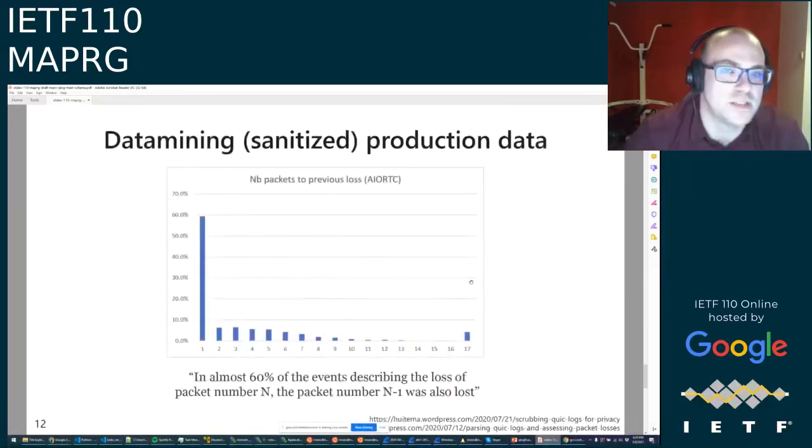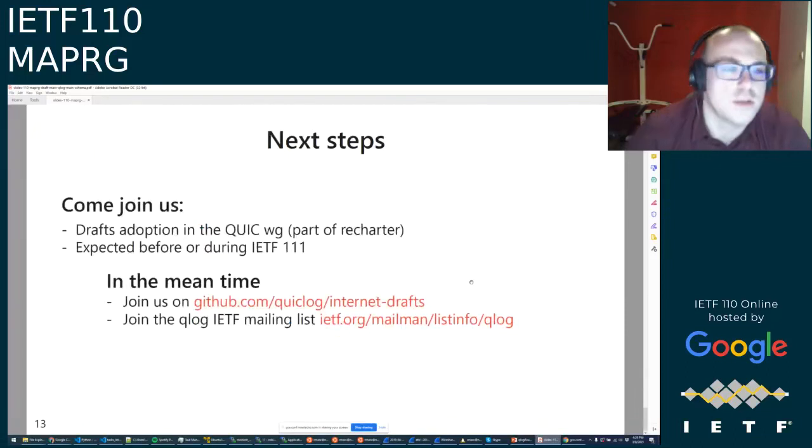One example of that is Christian Huitema, who has already done something similar using public qlogs from the QUIC interoperability servers. So they have their public servers, they expose their qlogs for debugging purposes. And he already tried to measure, for example, what are realistic packet loss patterns and what is causing them using these public qlogs.